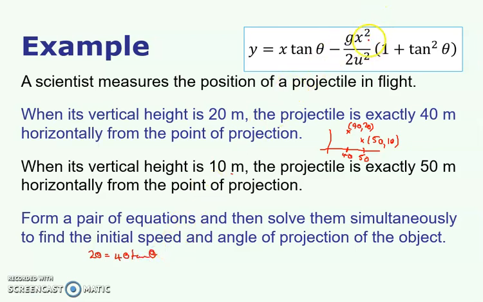Now I've got to do a bit of work on this. So this is g, which is obviously 9.8. So minus 9.8 times 40 squared divided by 2u squared, and it's 1 plus tan squared theta.